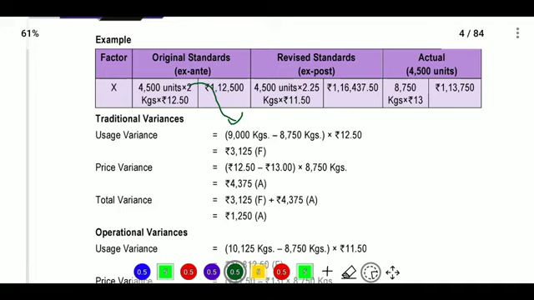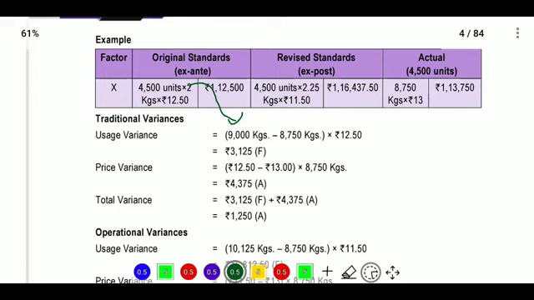Firstly they planned for 2 rupees, and they are now considering that the cost may increase to 2.25, and the quantity will be the same. Next, 2.25 kgs into 11.5. So here there is a change in price and quantity, total units was the same.